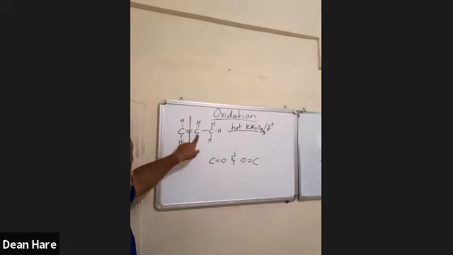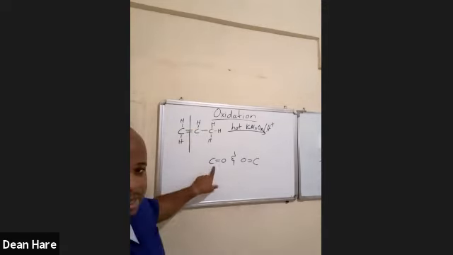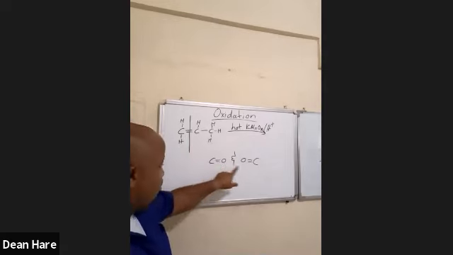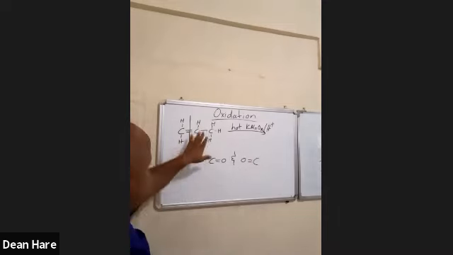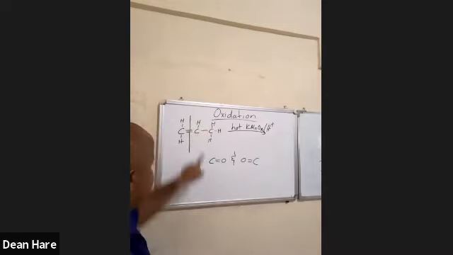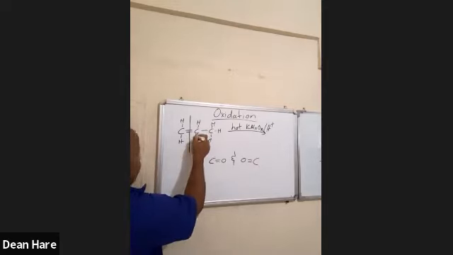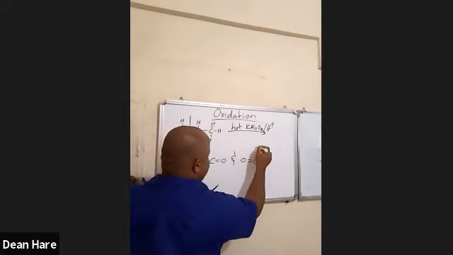Each carbon of the double bond, just convert it to C double bond O, both of them. And then whatever was attached to those carbons, you will put it back. So on this carbon, it was a hydrogen.